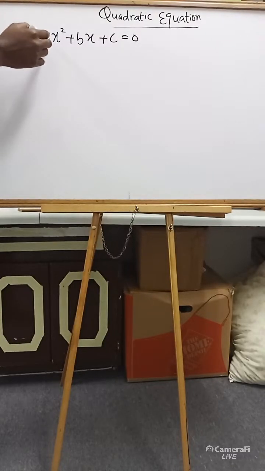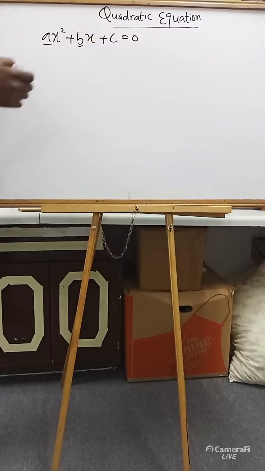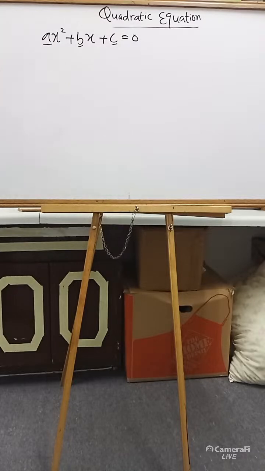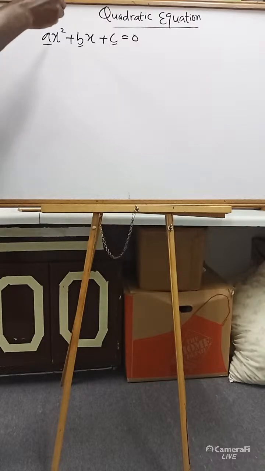a is the coefficient of x squared, b is the coefficient of x, and c is known as the constant or the intercept. One thing you will need to take note of regarding a quadratic equation is that the highest order is of order 2.